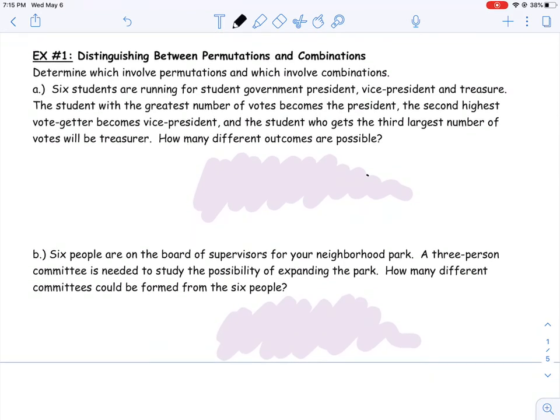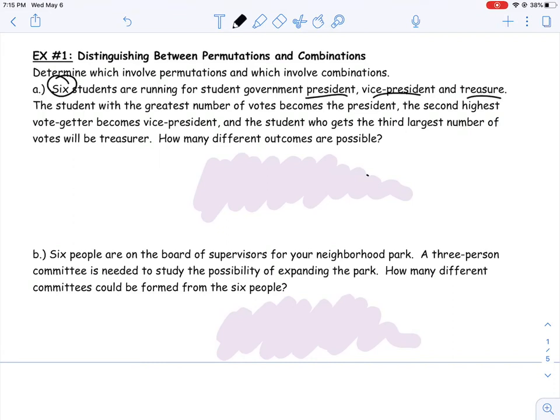So let's look at a few examples and figure out if we think it's a combination or a permutation. Example 1A says that 6 students are running for student government president, vice president, and treasurer. The student with the greatest number of votes becomes the president, the second highest vote getter becomes vice president, and the student who gets the third largest number of votes is the treasurer. How many different outcomes are possible? So we have 6 students total, and a president, a vice president, and a treasurer.